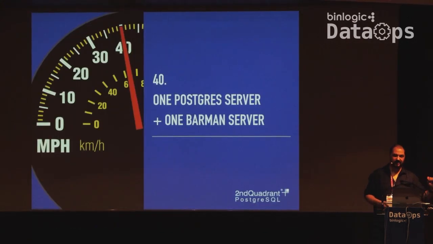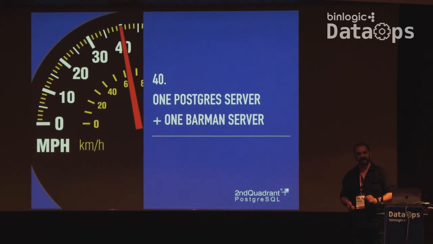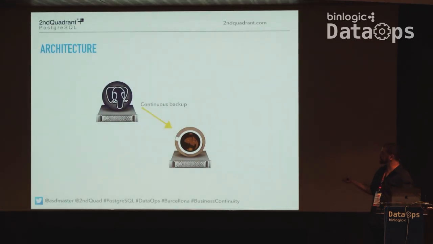We have one PostgreSQL server, and now instead of taking logical backups, we introduce Barman into the equation. So we're going to move to physical backups. This is the architecture that we want. We have one server that is Postgres, and one server that is Barman, which is responsible for continuously taking backups from the physical Postgres server and storing the WAL files.